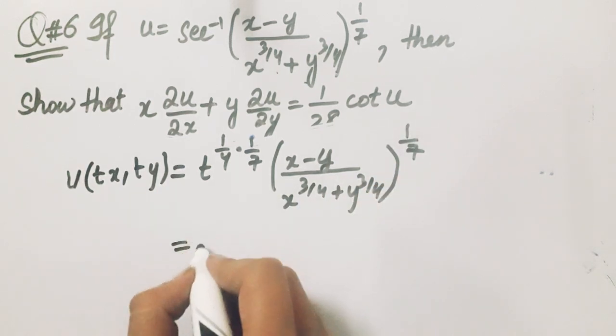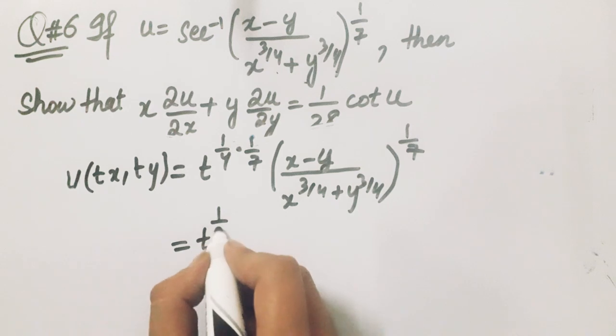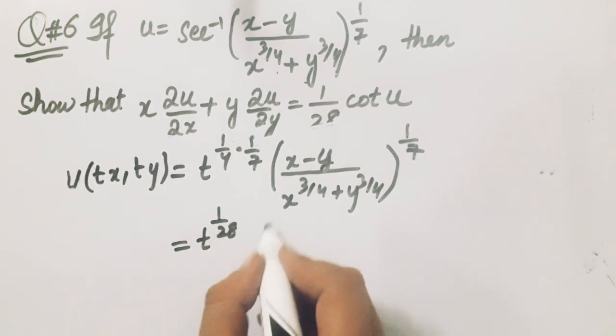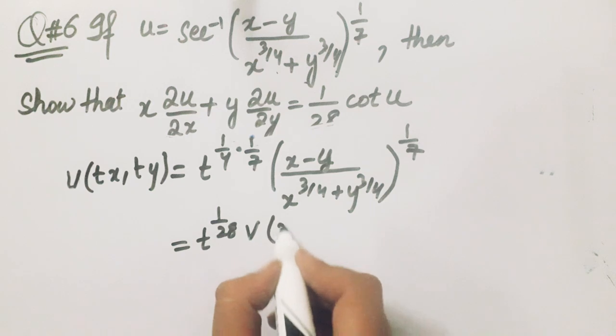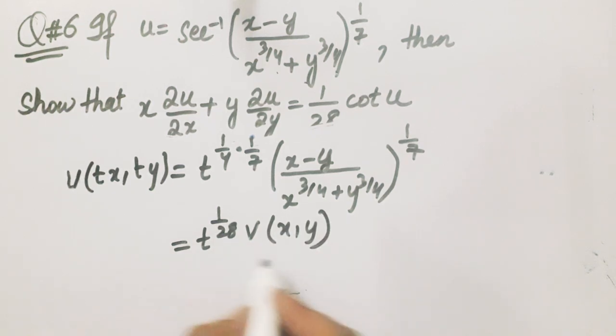So t to the 1 by 28, and this is equal to v of x and y. Now this proves that this is homogeneous of degree 1 by 28.